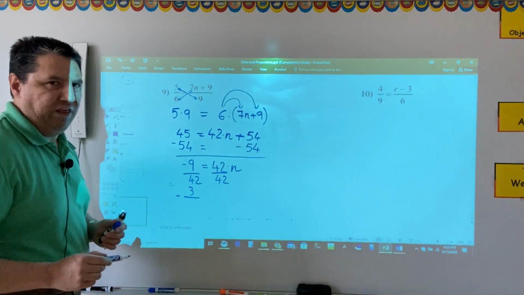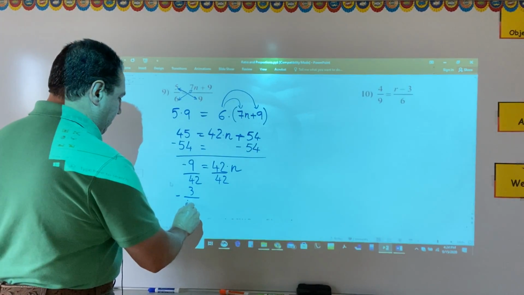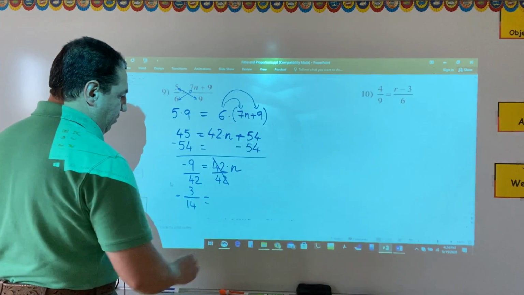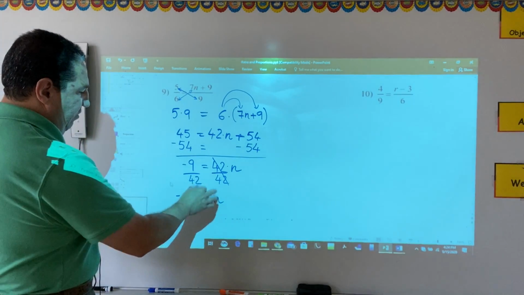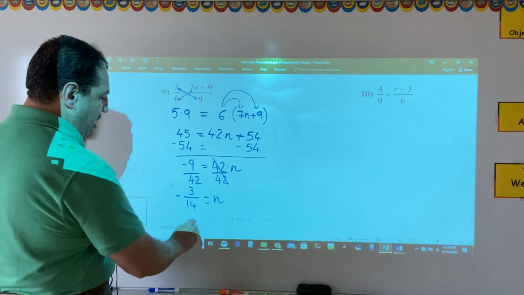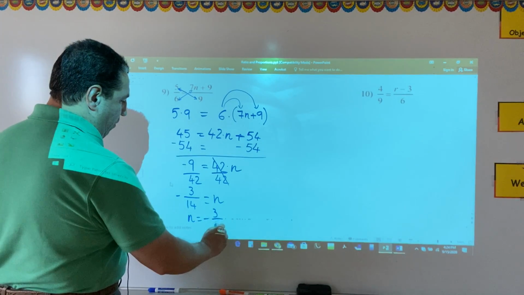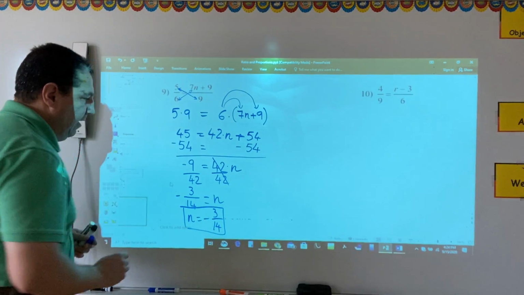If you divide 42 by 3, you get 14. These two divide out, so you're going to have negative 3 over 14 equals n, or n equals negative 3 over 14. Good.